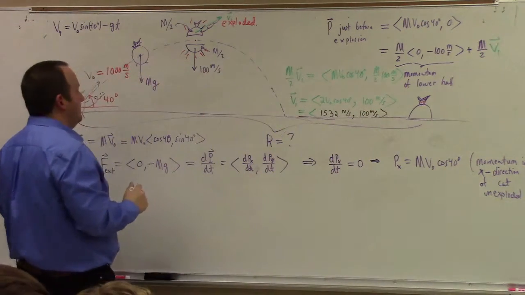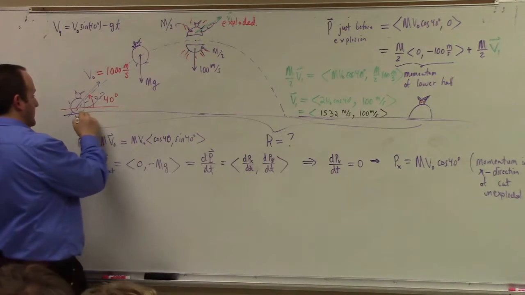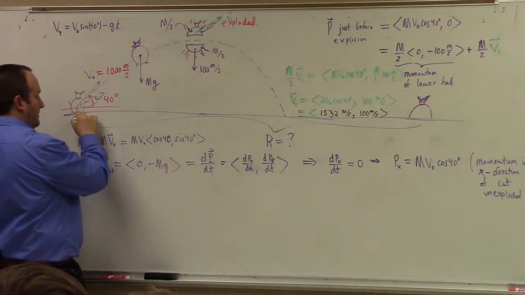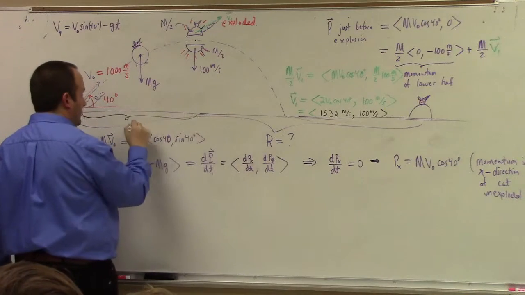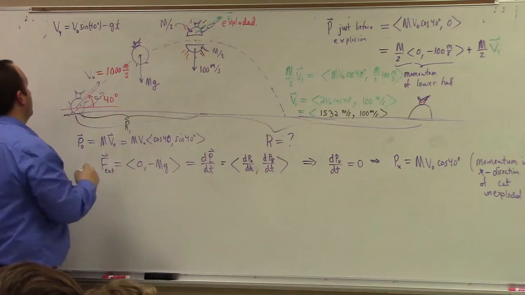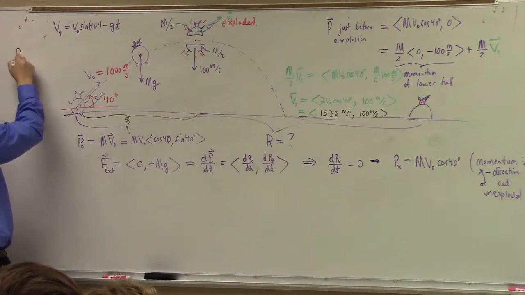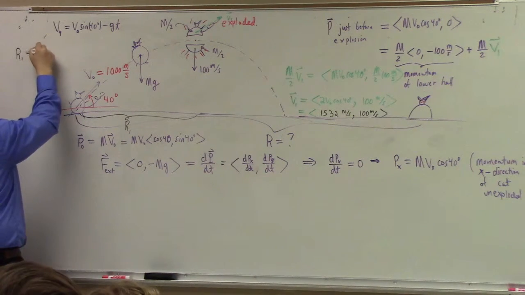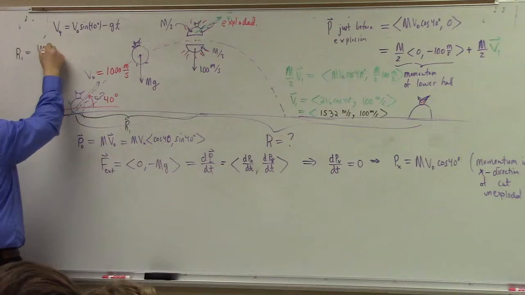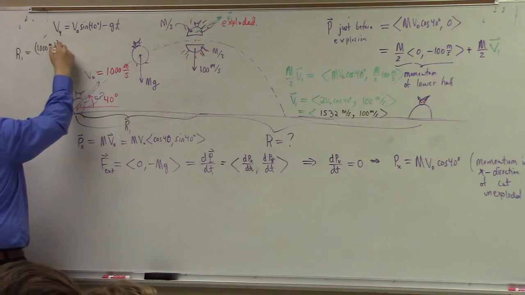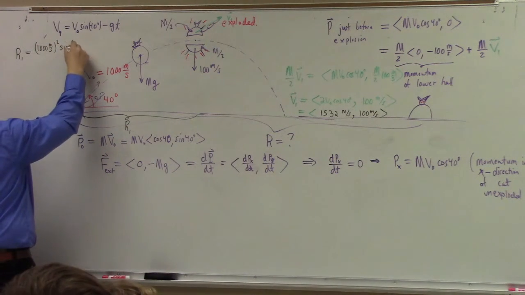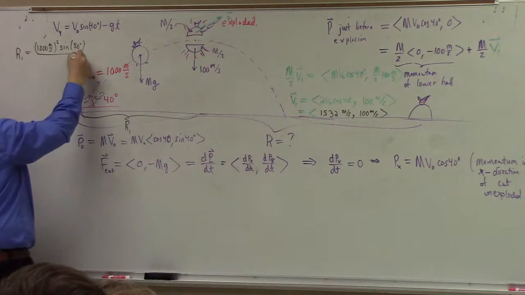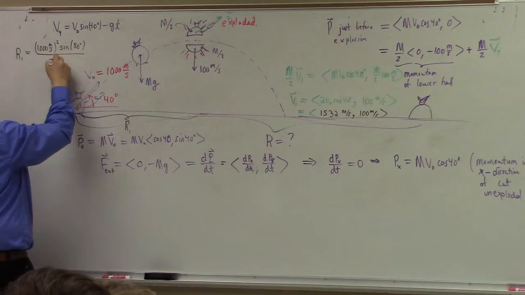All right, so this distance right here, let me call this R1. R1 is equal to what? We have a formula for that: 1,000 meters per second quantity squared times the sine of 80 degrees divided by g.